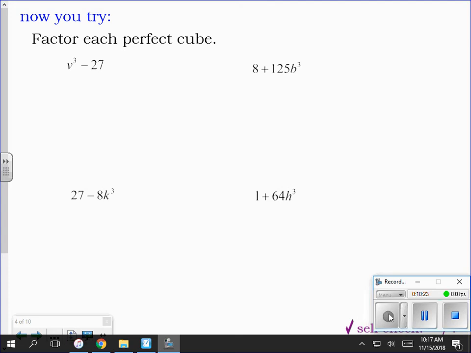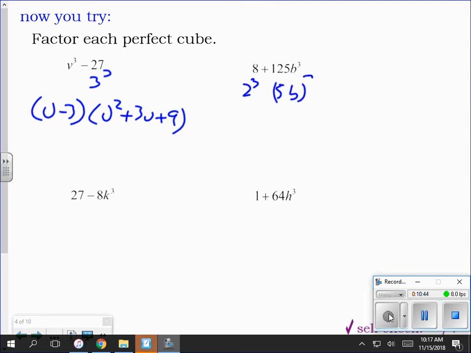Okay, so the first one is v cubed minus 3 cubed. So v minus 3, v squared plus 3v plus 9. Next one is 2 cubed and 5b cubed.